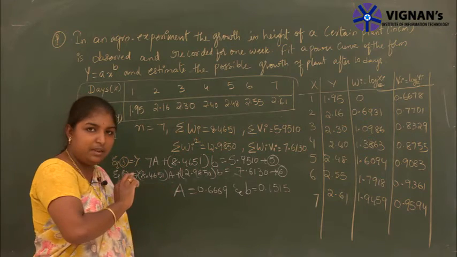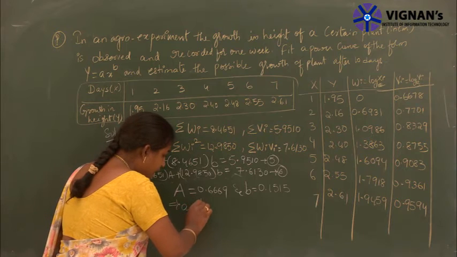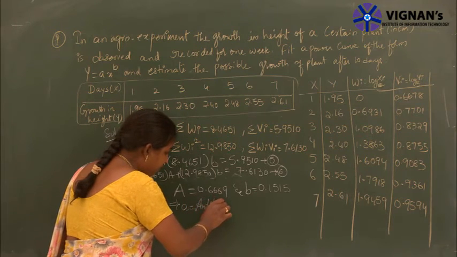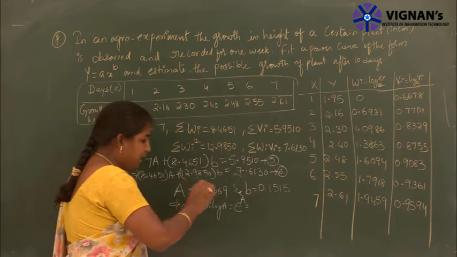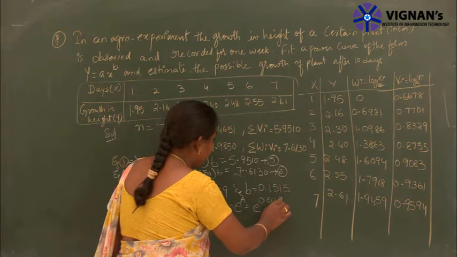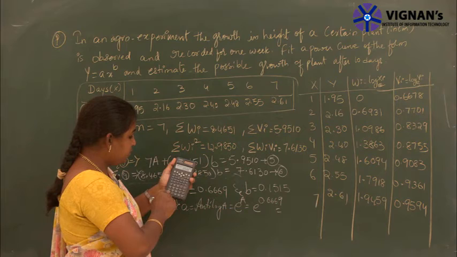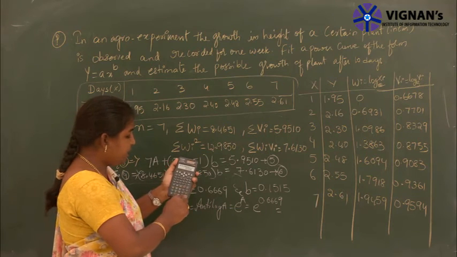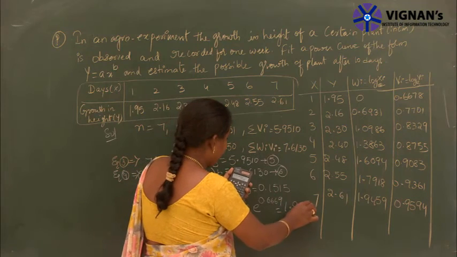Here we want small a and small b. This is the capital A. This implies small a is equal to the antilog of capital A, which can also be written as e to the power of capital A. So e to the power of 0.669: shift e power 0.669, that value is equal to 1.9482.